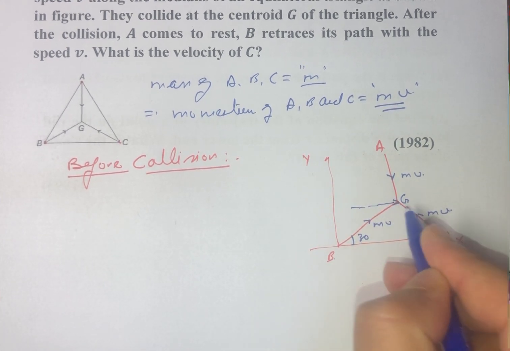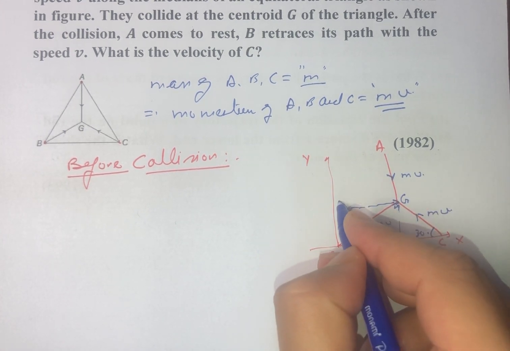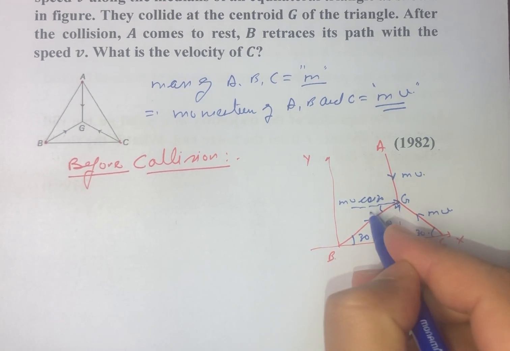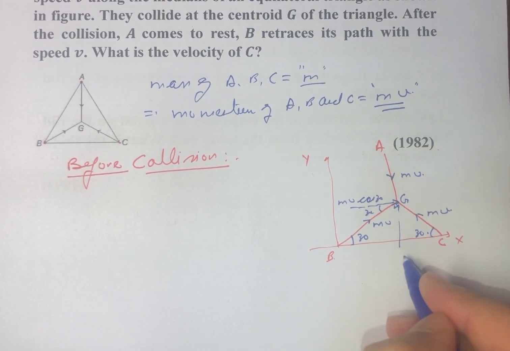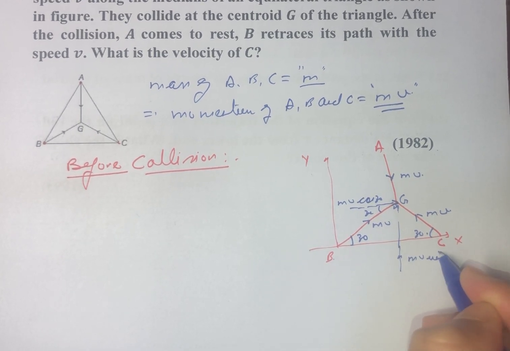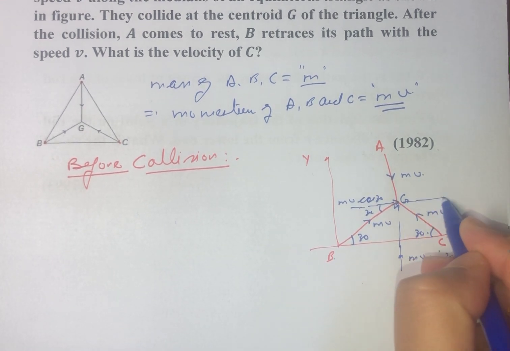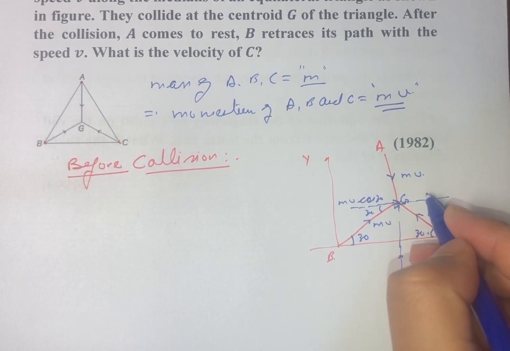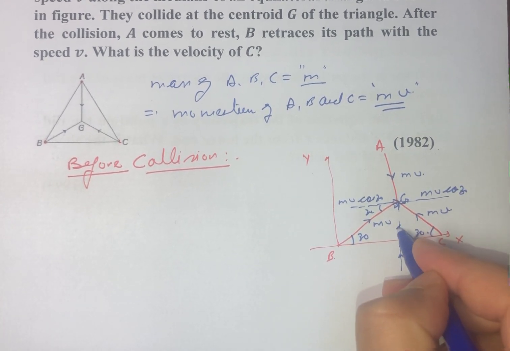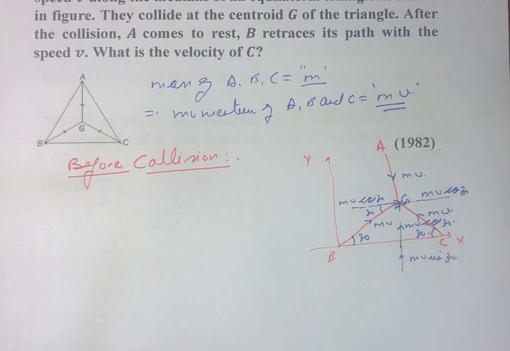So one of the components for B will be mv cos 30, because this angle is 30, and another will be here as mv sin 30. And similarly for C, we are going to have this as mv cos 30, and here also it will be mv cos 30.